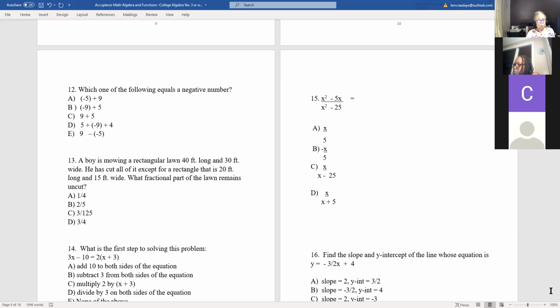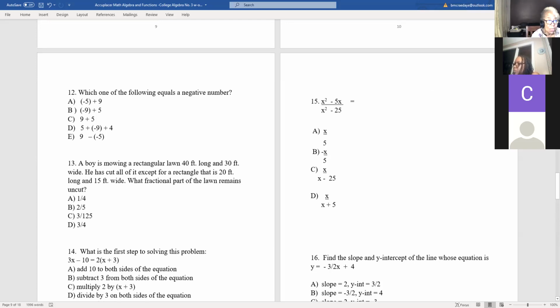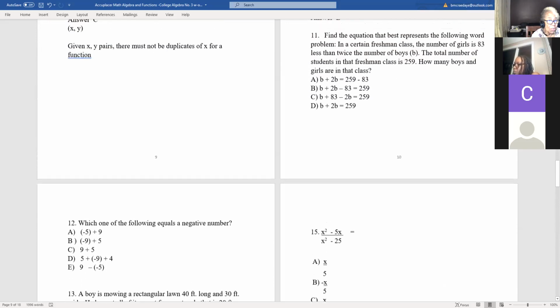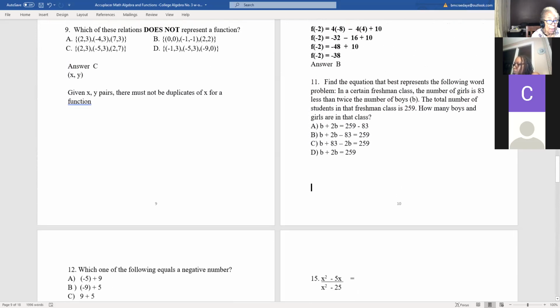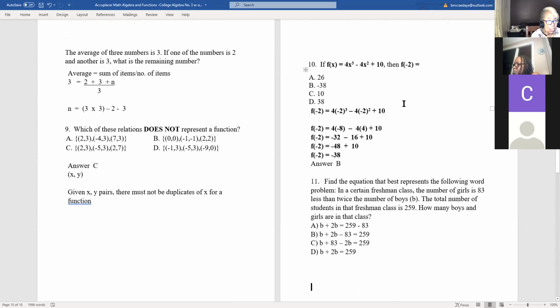The things we're going over now, the test you'll get will not be on that. But I may give you something about which does not represent a function or which represents a function. See if you remember the rules that the x value should not be duplicated if it's a function.